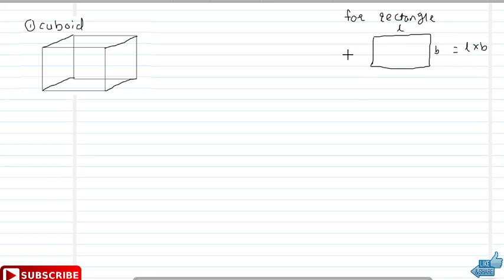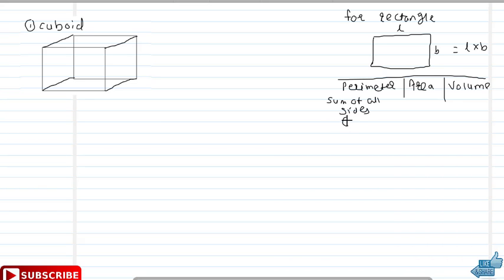Remember my words, there are 3 things. One is perimeter, another one is area, and third one is volume. Perimeter means sum of all sides, and it consists of a unit only. Okay, there is no multiplication of units.